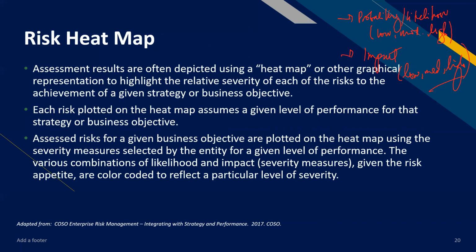What you can actually do is to graph those risks and create what's called the risk heat map. Okay? So the risk heat map is a graphical representation that highlights the relative severity of each of the risks and the achievement of a given strategy or business objective. So each risk is plotted on this heat map and assumes a given level of performance for that strategy or risk. So how does a heat map look like?